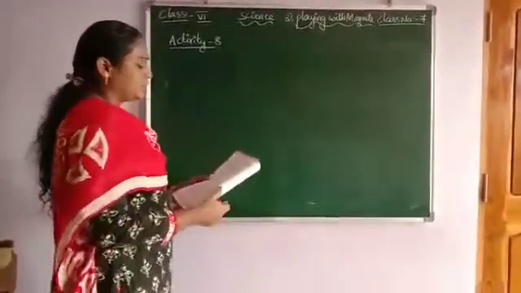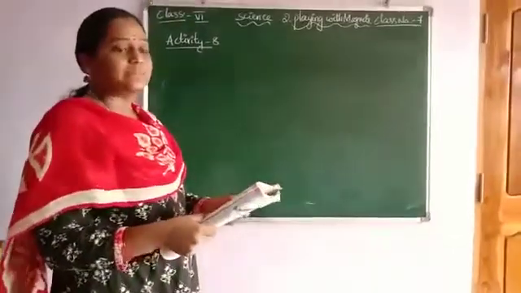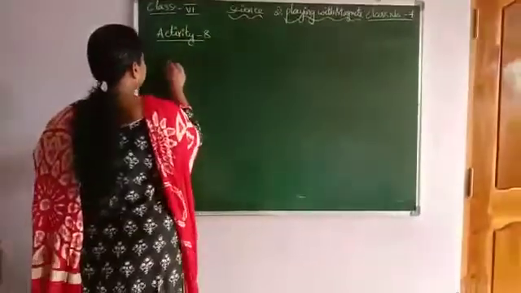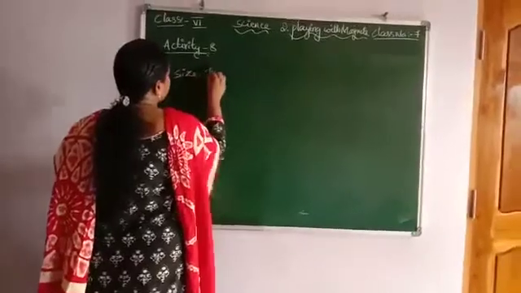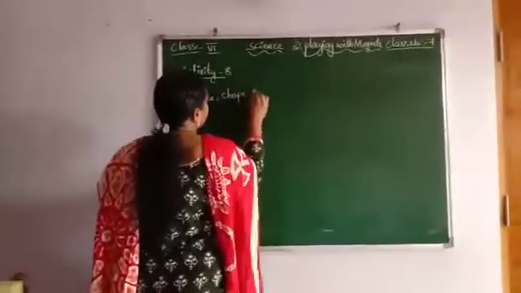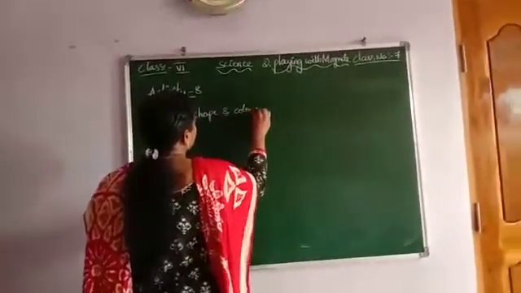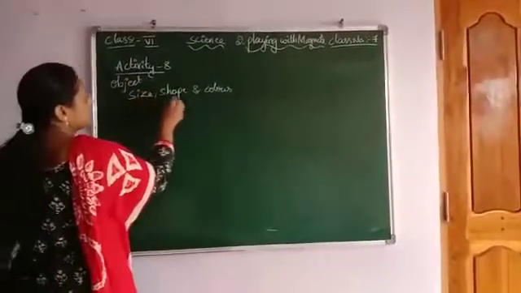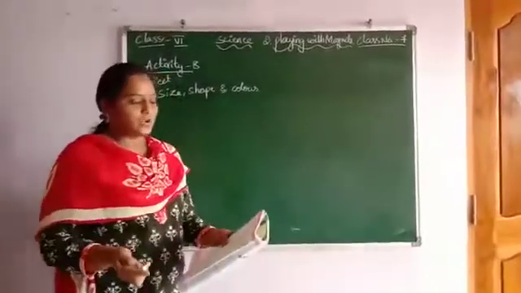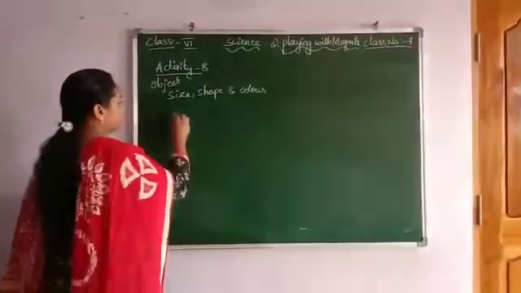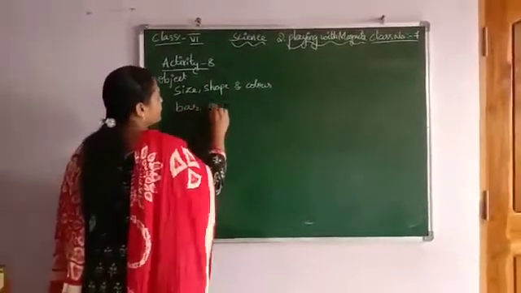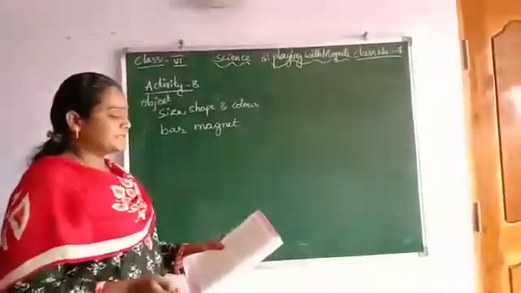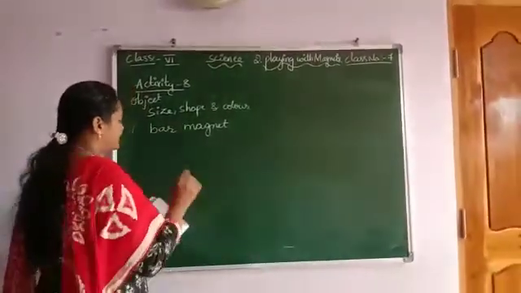We have to take three objects of the same size, shape and color. Then take a bar magnet. You have to decide which one of them is a magnet.